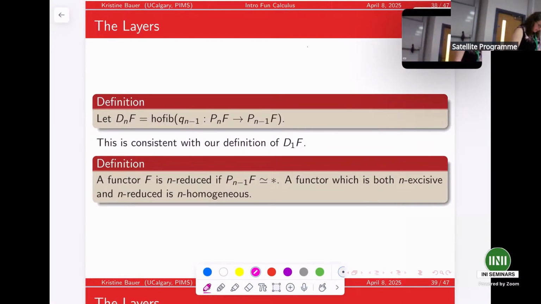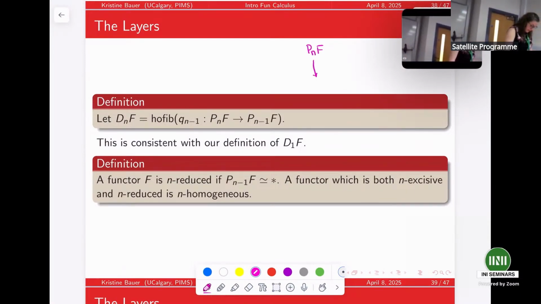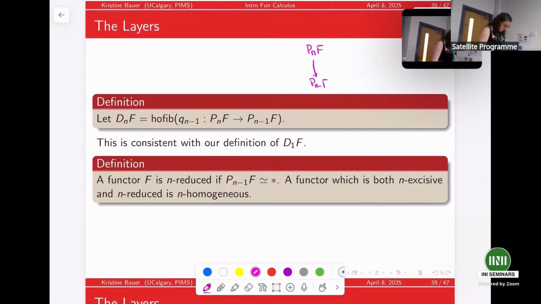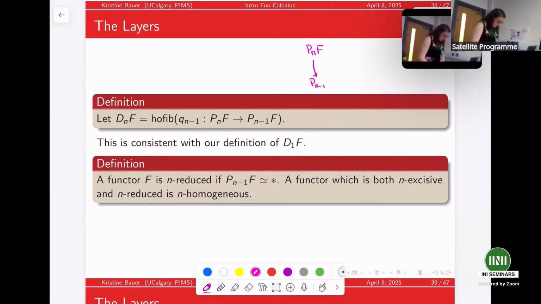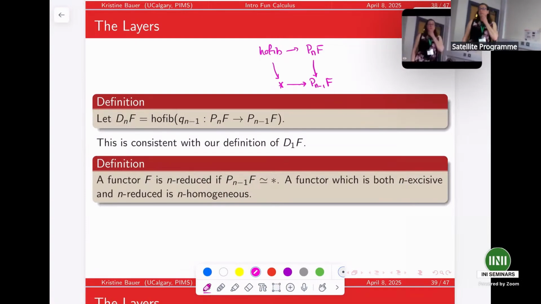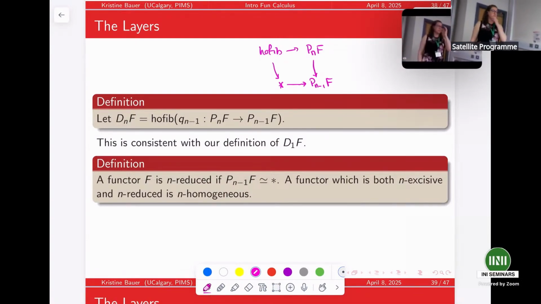In case you have never seen it before, all I mean is that I have a map from PNF to Pn minus 1 F. Everybody in sight is base pointed, so I always have a map from the base point in, and I just take the homotopy limit of that diagram. Later I'm going to say total fiber, and please remind me in case I forget to say what that is. That's consistent with what we said for D1F. So this definition of DNF is, as a sanity check, kind of the same thing going on.